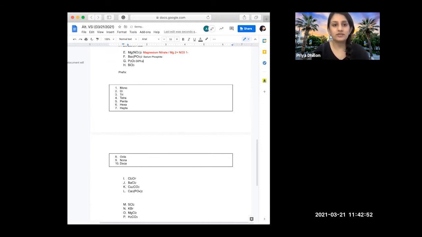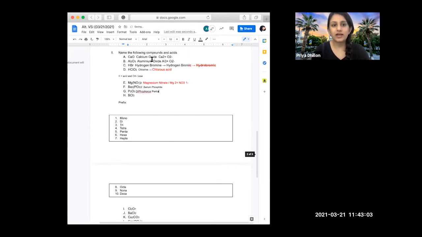P is phosphorus, diphosphorus, and then penta, and you use the same rule as above. Again, you write the first one as it is, and then pentaoxide. Does that make sense? Okay, it makes sense. Good job.